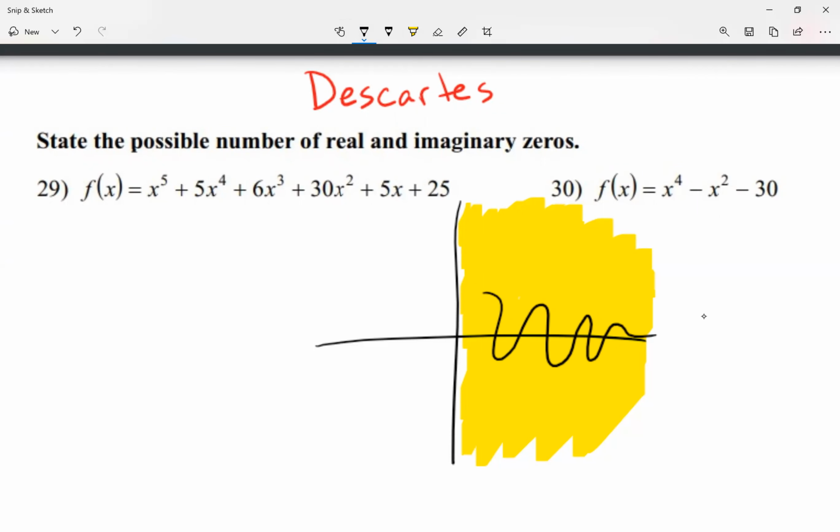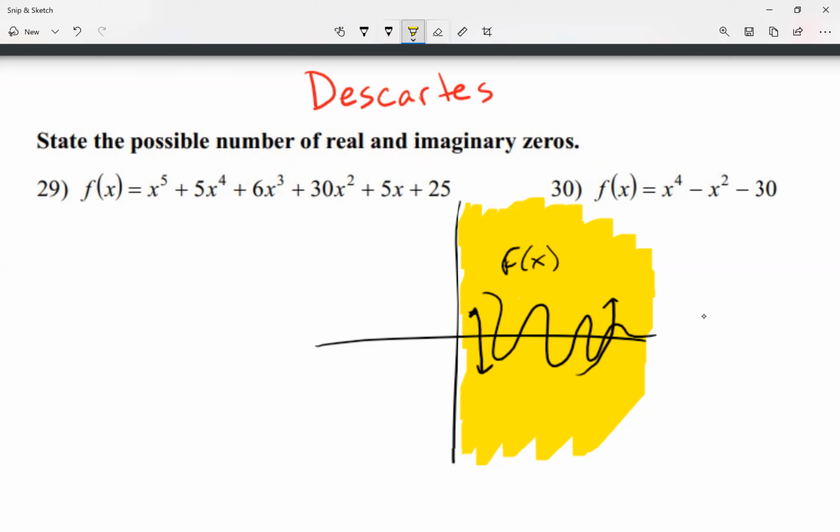He said, I'm going to be looking at f of x, and I'm going to see how many times, because he noticed that from above the x-axis to below, or from below to above, it went from positive to negative or from negative to positive. So he's like, I'm going to see how many times the sign changes. I'm just going to look at the change of the signs.